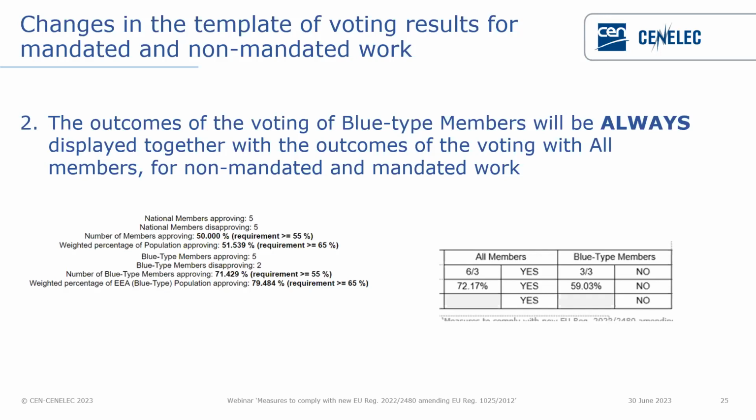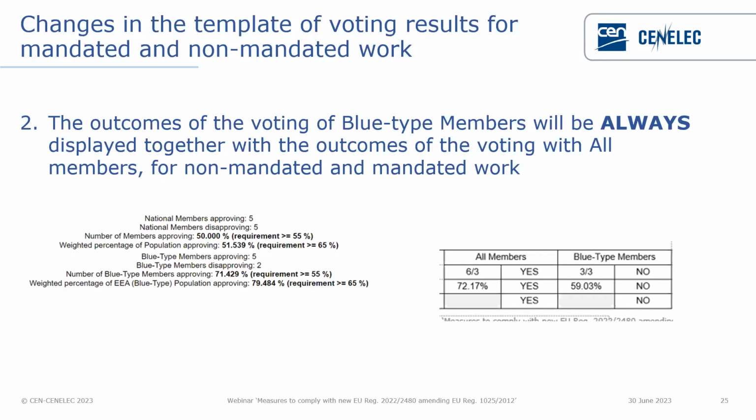If a specific work item in Projects Online is not identified as mandated work, so as a work item that is requested under a standard request or developed under a valid mandate, then it means that the voting procedure followed for its approval is the voting procedure for non-mandated work.